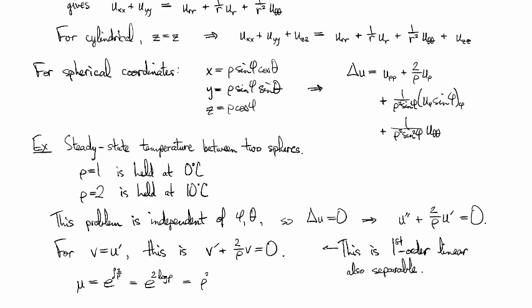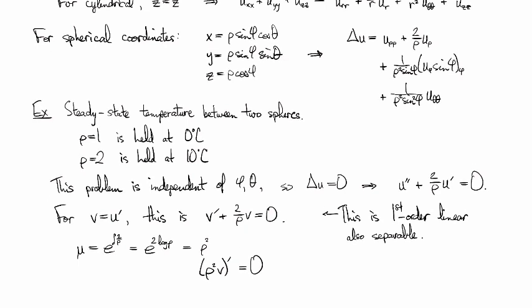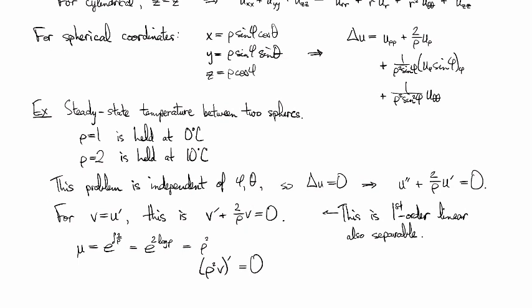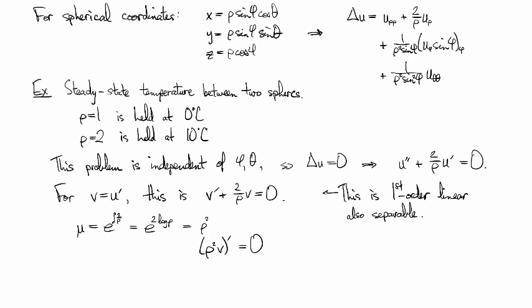So multiplying this equation across by rho squared, I end up with the derivative of rho squared v on the one hand side, and on the other side 0. So that's just using product rule. And so then rho squared v is going to be some constant, let's say a.